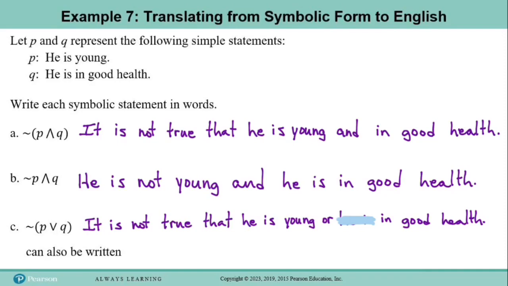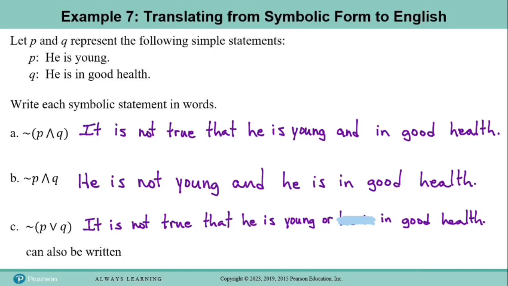Now, there is another way to write this sentence that may be more natural to the way that we talk, but it wouldn't look so much like the symbolic statement that we have here. But I think it would carry your meaning better. So, it is not true that he is young or in good health. What you're trying to say here is that neither one of these things is true, right?